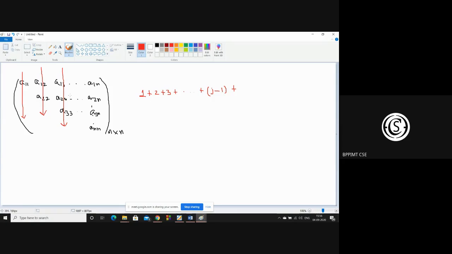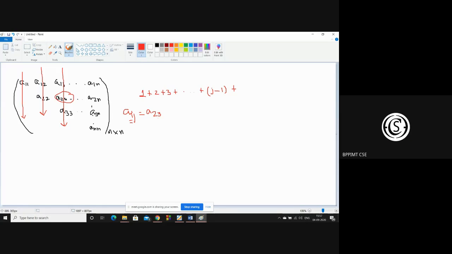Suppose this is A23. Let Aij be equal to A23. Then I means 2, I is 2.